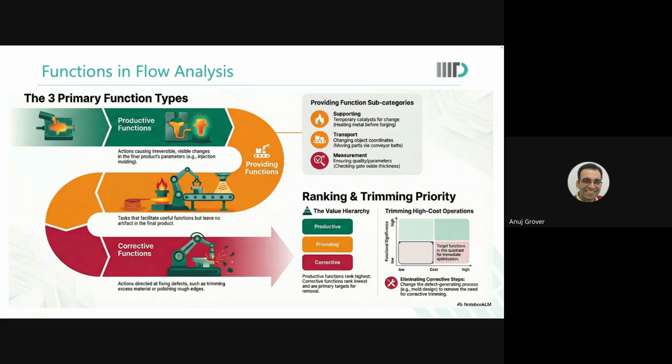Supporting functions का हमने example क्या देखा था? If you have to mold an iron, you have to heat it, then you hammer it, and that is not evident when you finally use the product. So that heating was to enable a productive function to happen easily. That is a supporting function.